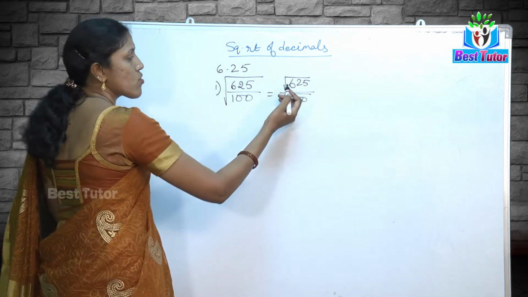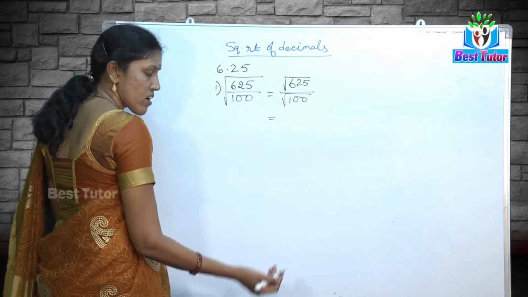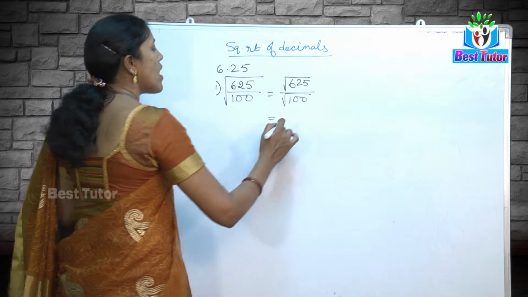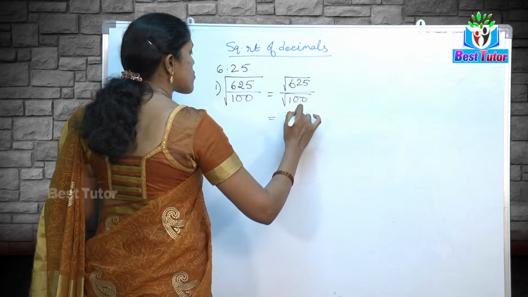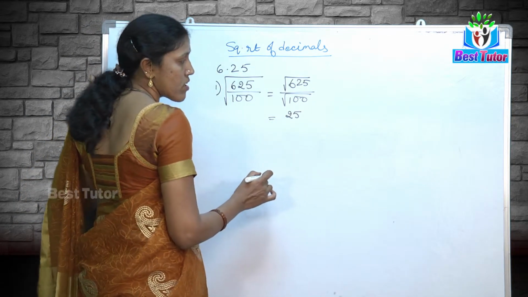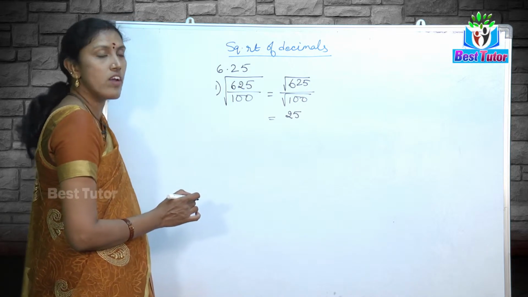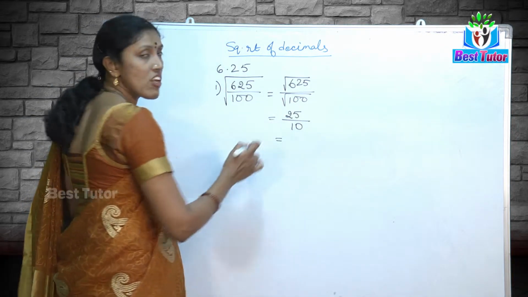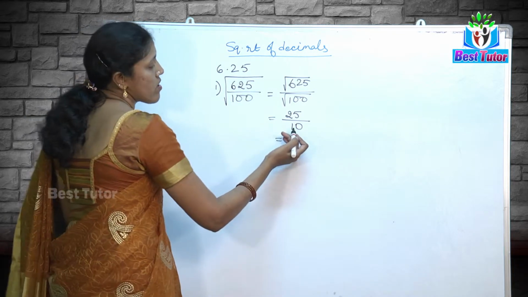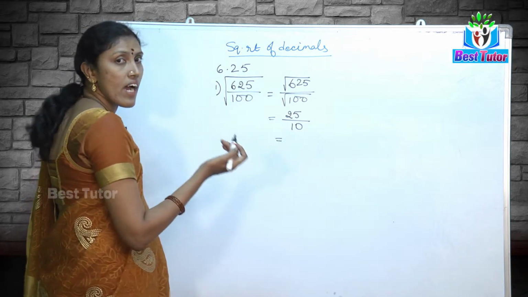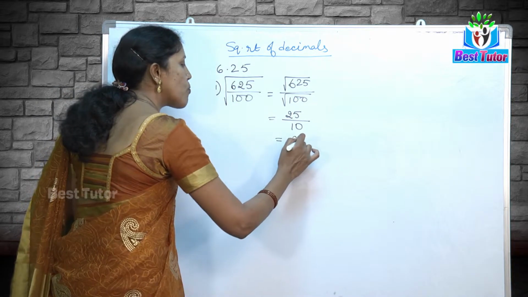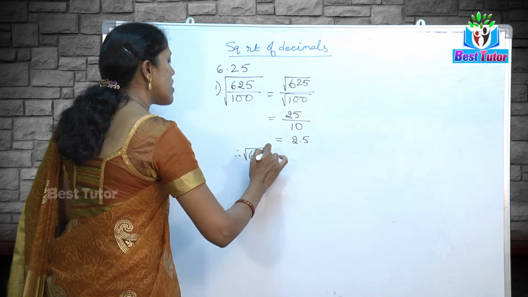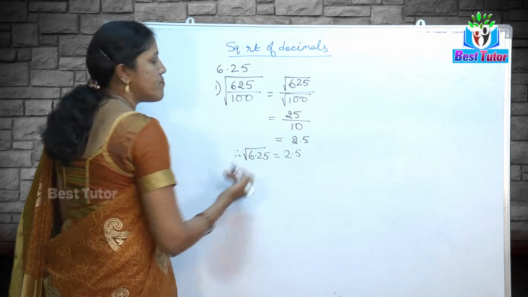We can find out the square root of 625 by prime factorization method because we are assured that it is going to be a perfect square, and when we do that, we get that the square root of 625 is 25 and the square root of 100 is 10. So, we have got 25 by 10, and when I convert this decimal fraction into a decimal number, I get 2.5. Therefore, the square root of 6.25 is 2.5.